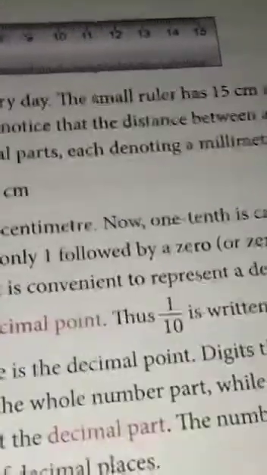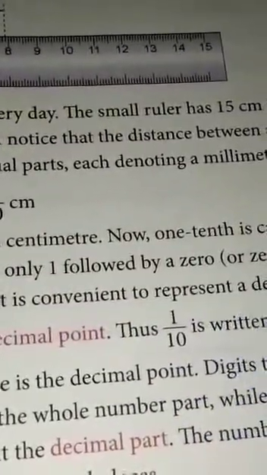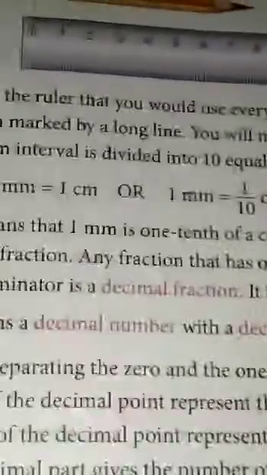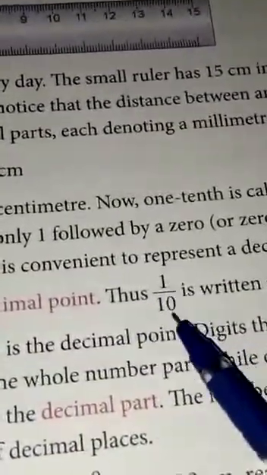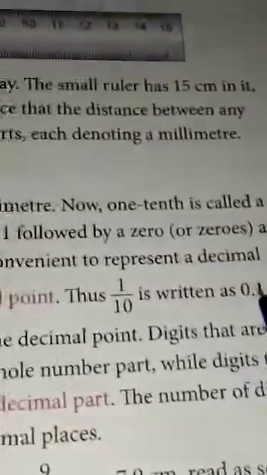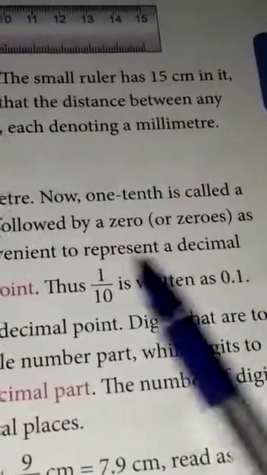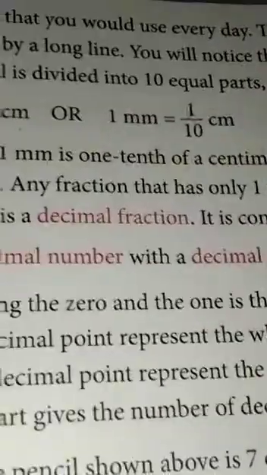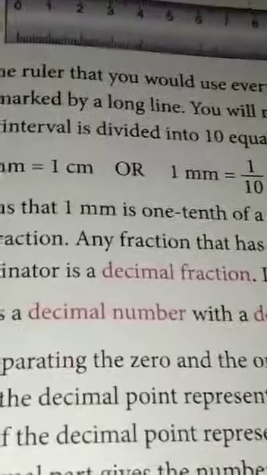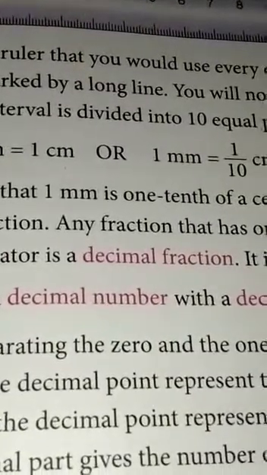It is convenient to represent a decimal fraction as a decimal number with a decimal point. Thus 1 divided by 10 is written as 0.1. Now students, let us solve some exercises based on this simple decimal fraction and decimal number.